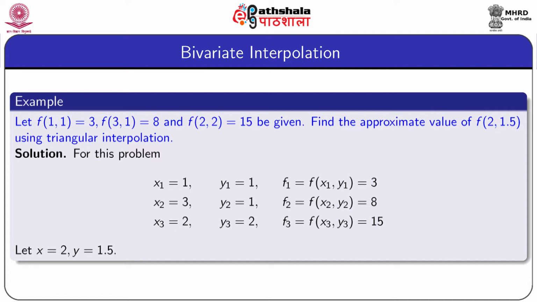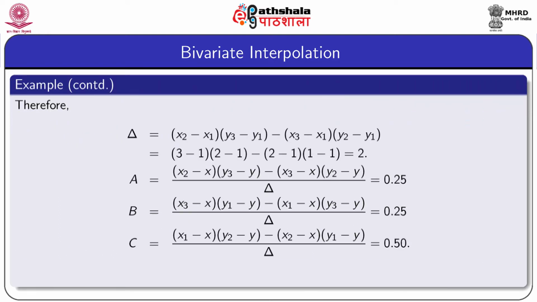So, for this problem, x1 equal to 1, y1 equal to 1, x2 equal to 3, y2 equal to 1, and from the third point x3 equal to 2, y3 equal to 2. And the functional values f1 equal to 3, f2 equal to 8 and f3 equal to 15. Our problem is to find the approximate value of f at x equal to 2 and y equal to 1.5.